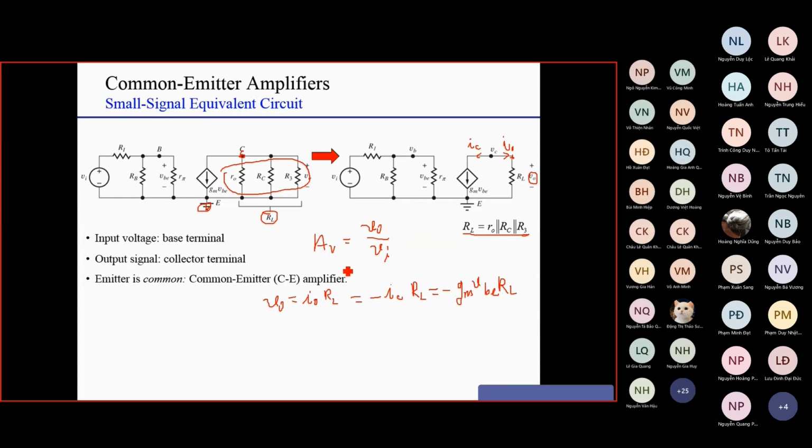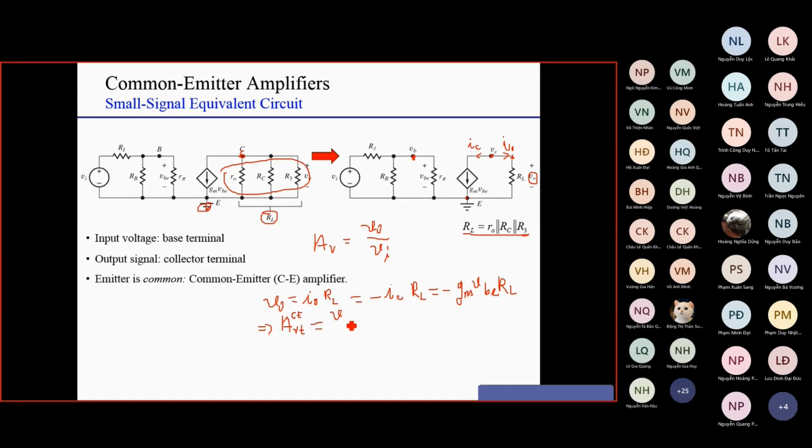If we only calculate the terminal voltage gain, that means only VC here over VB, it is very simple, okay? Because VB here is equal to VBE. So you can deduce immediately the voltage gain at the terminal, so AVT. Sometimes they include common emitter here to indicate that it is for common emitter.